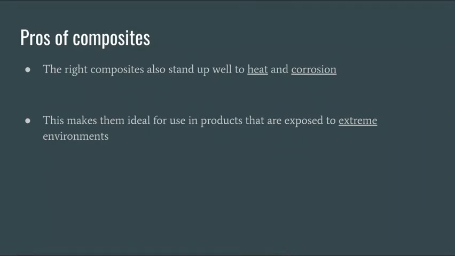Another pro of composites is that the right composites also stand up well to heat and corrosion. So, composites that you usually see in the industries of civil infrastructure, buildings, automobile industries, and aerospace industries will have to be exposed to extreme environments, so moist conditions or higher temperature.